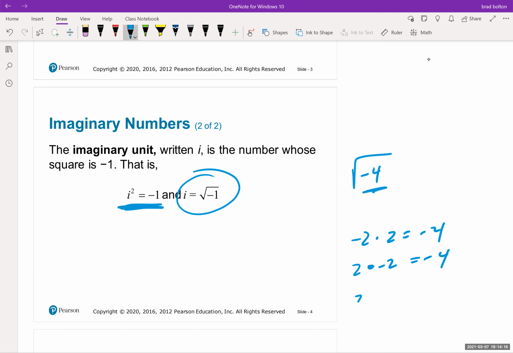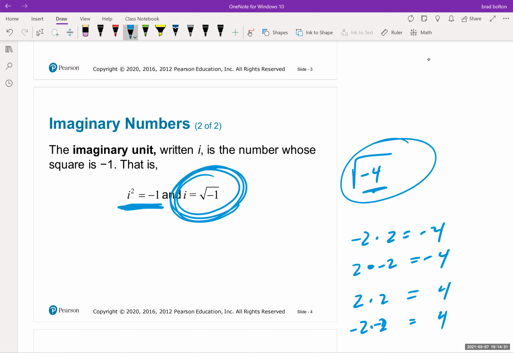So my only choices are 2 times 2 or negative 2 times negative 2. But in both those cases, I get positive 4. I cannot get negative 4 using real numbers. It just won't work. That's why we need this, to deal with those situations where the real numbers just simply can't get us to where we want to go.